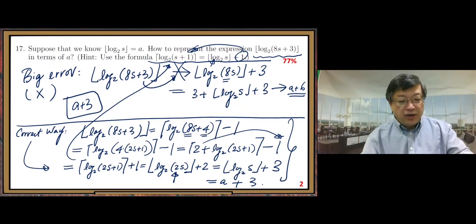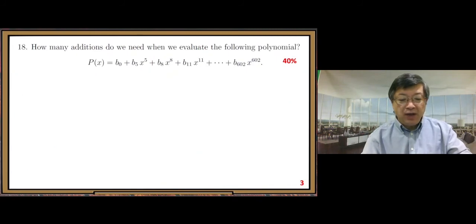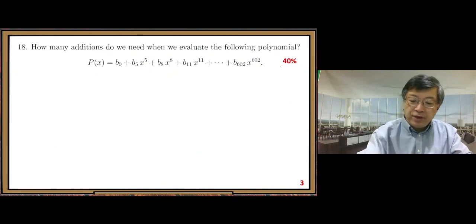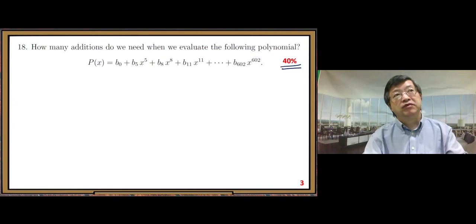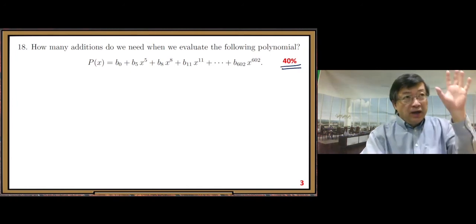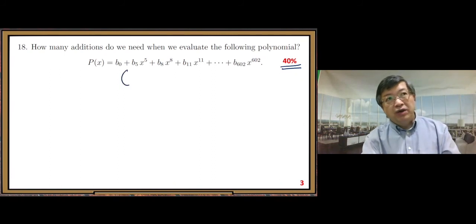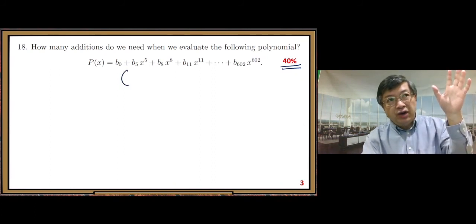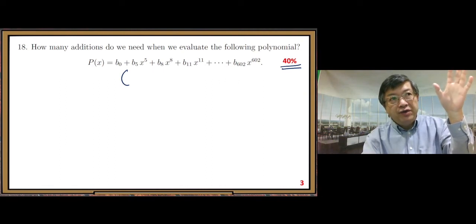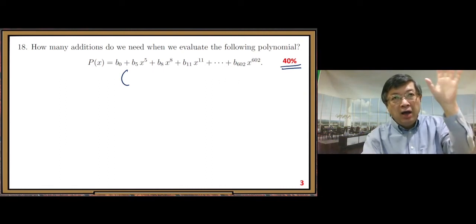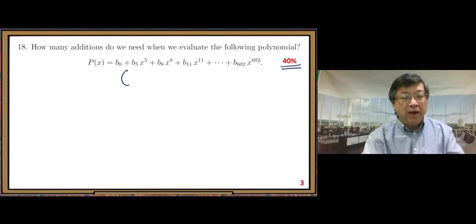All right, so last question of this part, number 18, 40% of you missed it. 40%. Remember the reason I give you this question, I want to check your understanding if you can apply the count by reference method.